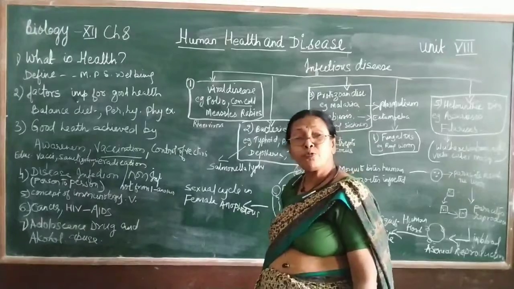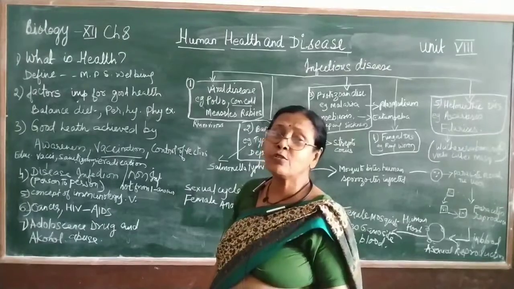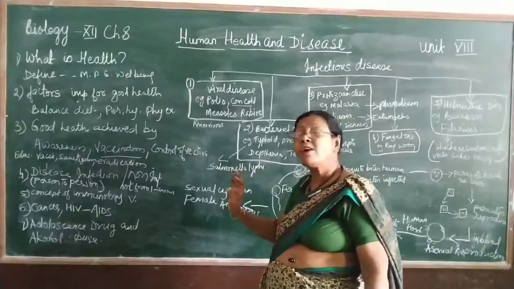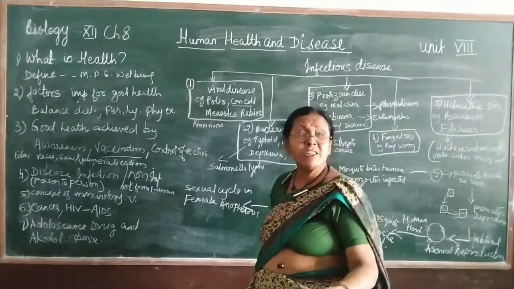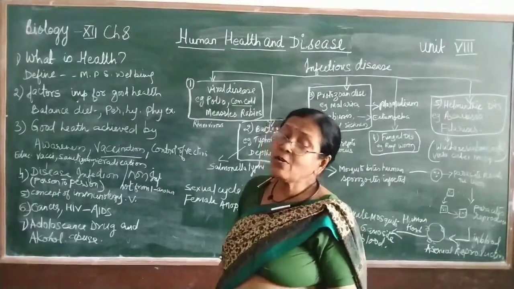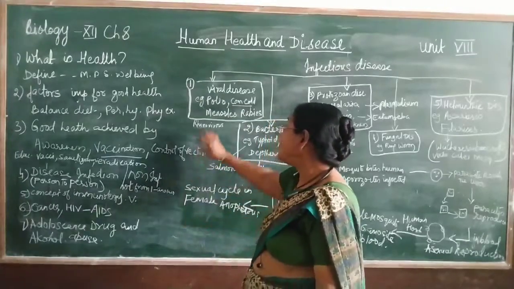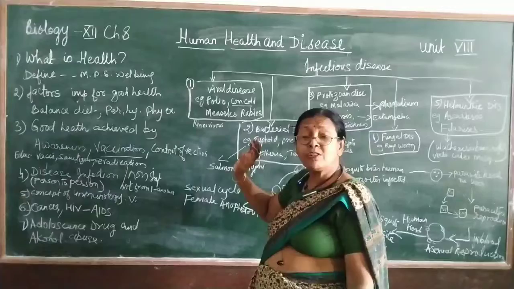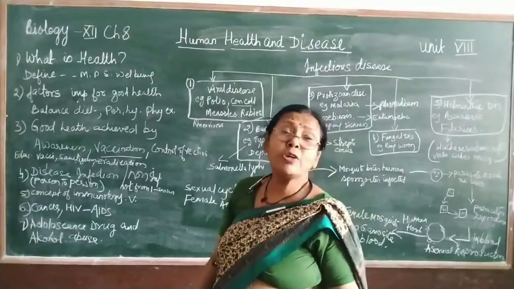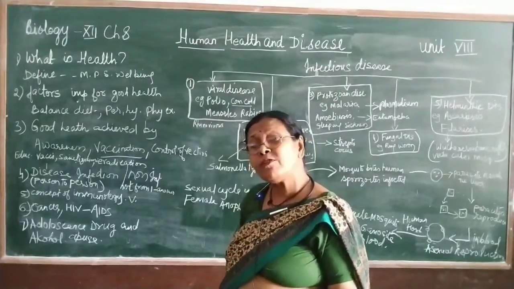The Pulse Polio program is being conducted by WHO, that is the World Health Organization, to get rid of this polio virus from our planet. They are vaccinating small children from time to time, and now we have almost reached our target of eradicating polio from our planet, but you can still find some rare cases of polio in some corner of the world.